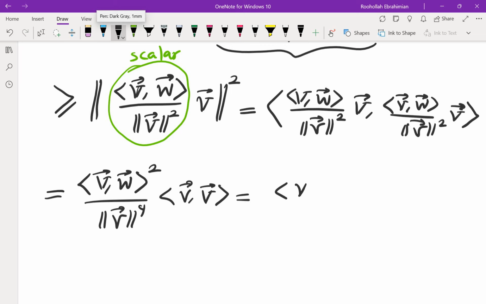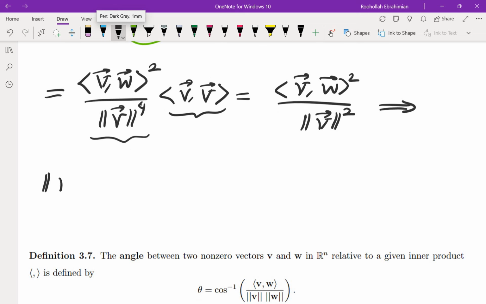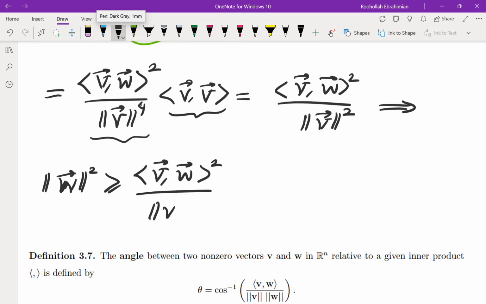So this is going to be the inner product of v and w squared divided by the denominator, length to the power of 4. This is length squared, so that's length squared. Okay, so let's see what we got. What we got is the length of w squared is greater than or equal to the inner product of v and w squared divided by the length of v squared.